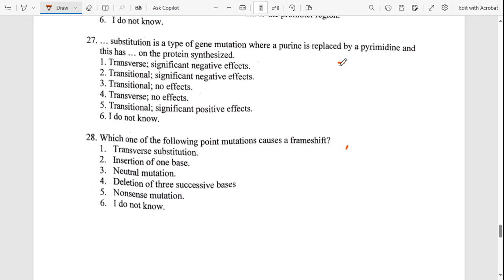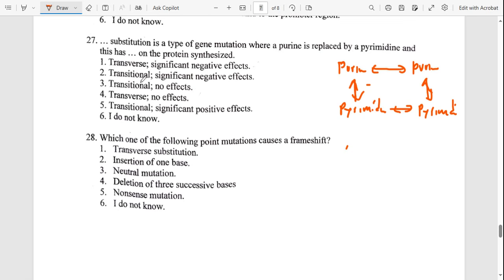Let's say you have a purine and then a pyrimidine. If you change a purine for a purine or a pyrimidine for a pyrimidine, this is transitional. But purine for pyrimidine, or pyrimidine for purine, that is transverse.